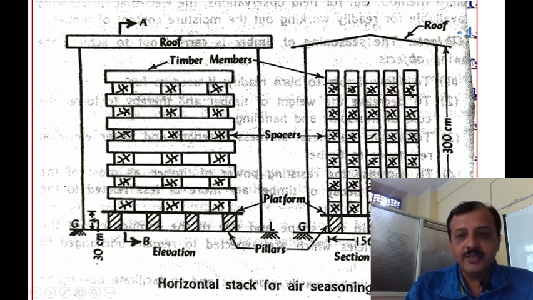The height of the roof is 300 centimeter, that is 3 meter, and an air space is left between one timber plank and another timber plank. So this is how the stacking of timber is done in a rainproof place where rain will not enter, and you have to take care that a 30 centimeter space is left above the ground level.